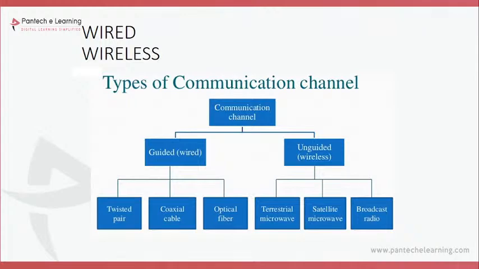The installation cost is very low and we can also save time easily. Then in emergency situations and remote locations, where the setup of wired communication is difficult, wireless communication is a viable option.